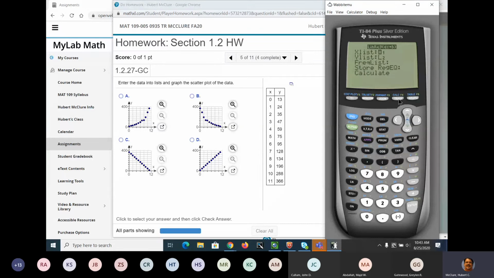Type in L1 and L2 and calculate. I don't know if they want this or not. Go ahead and write that down. Y is equal to 28.14x plus negative 33.10.